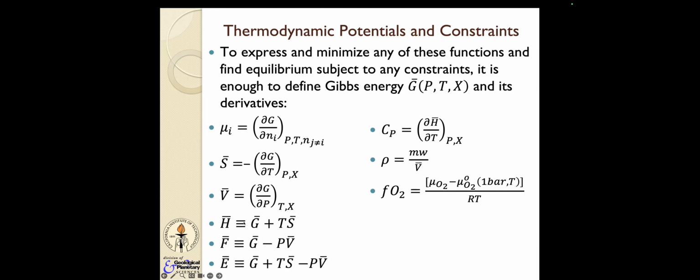Once you know entropy, you can get enthalpy. Once you know volume, you can get Helmholtz energy, and so on. So a model for the Gibbs energy, if it can be manipulated and differentiated, gives you what you need to do all of these calculations and find equilibria.